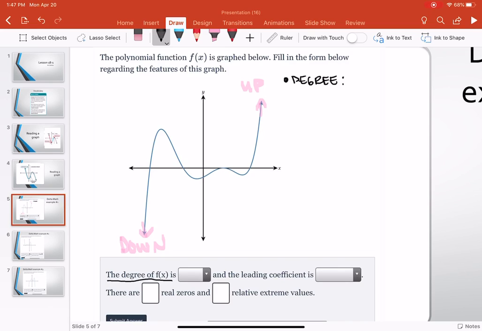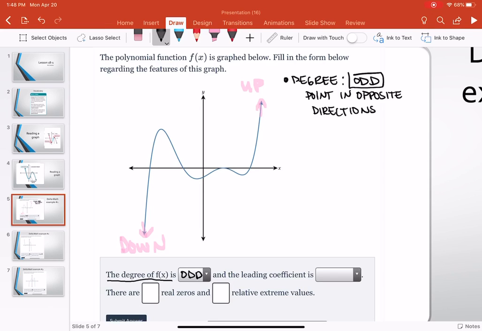Because they point in opposite directions, this is going to be considered an odd function. So the degree is odd because the end behavior of this polynomial function is opposite.